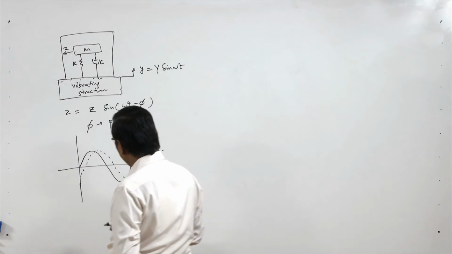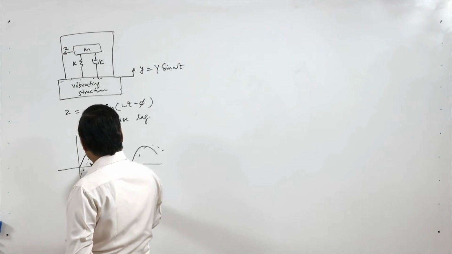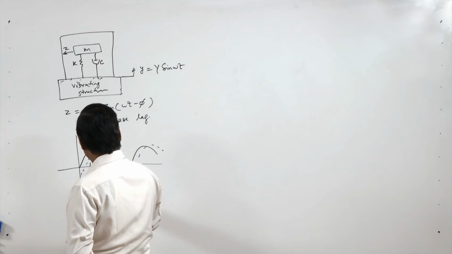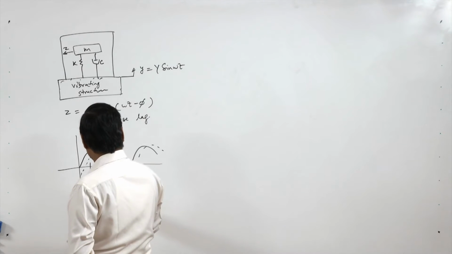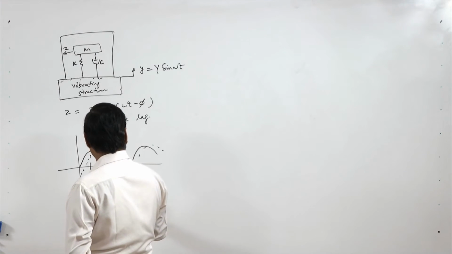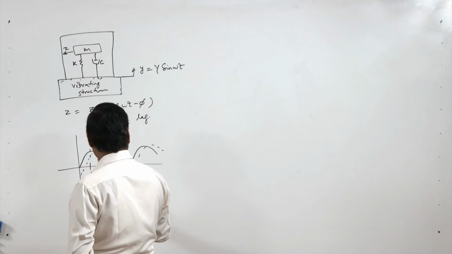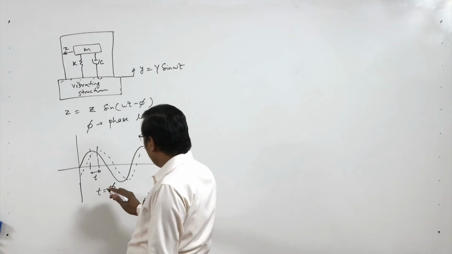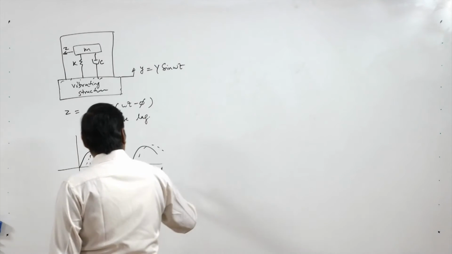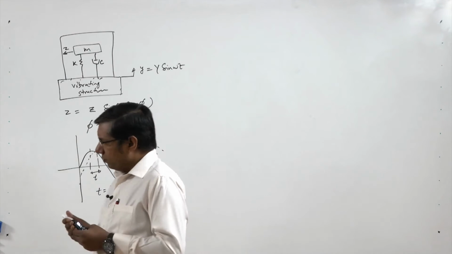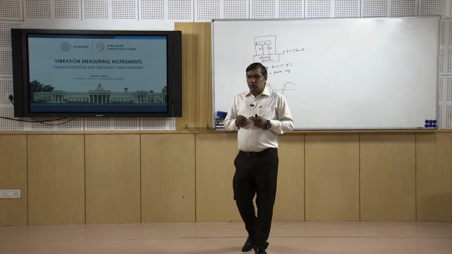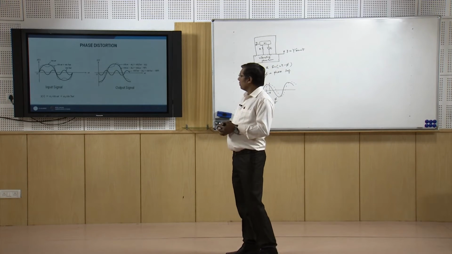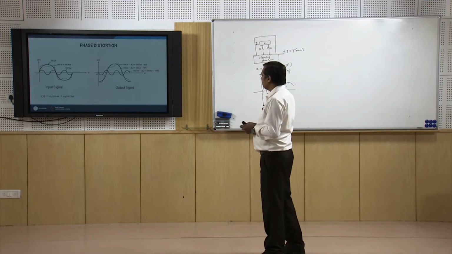So there is some time lag, this is t, and t equal to phi upon omega. This is the time lag. Also, we can see another example.